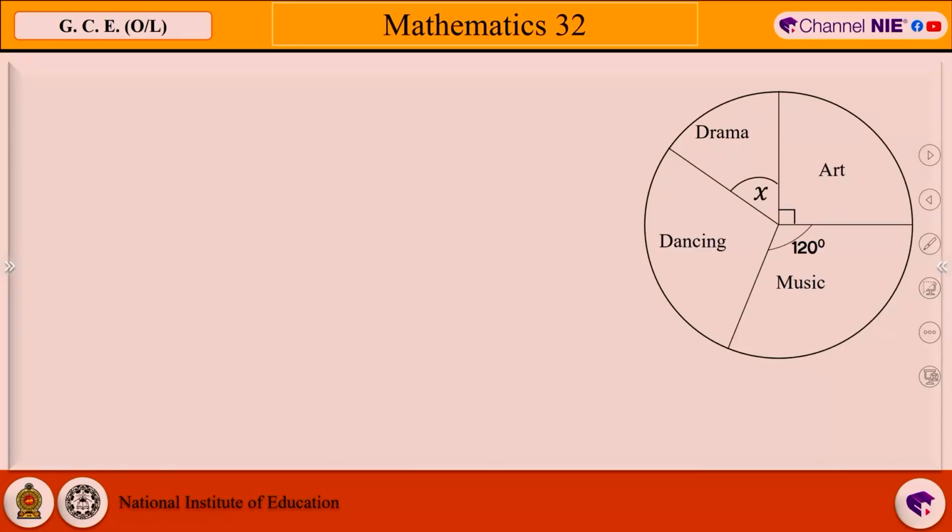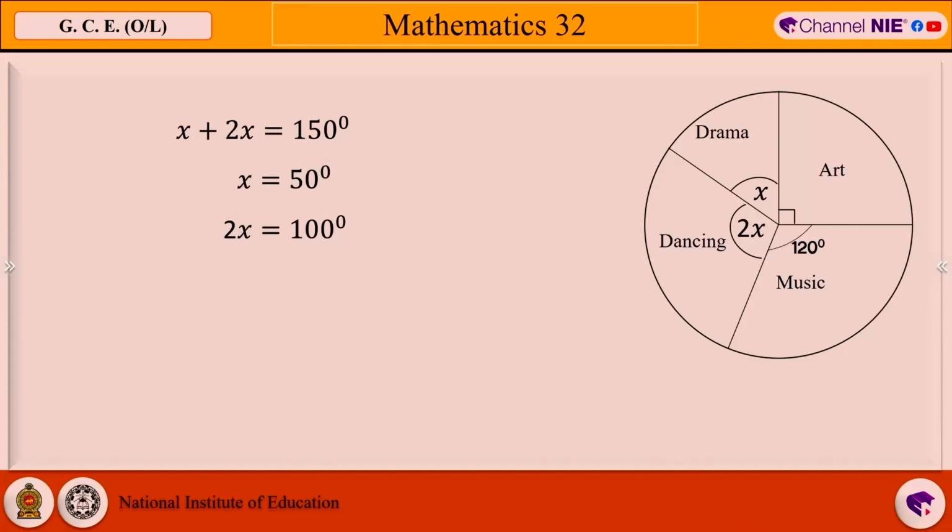If we take x to represent the angle at the center of the sector which represents the number of students who are doing drama, that of dancing is 2x. So, using that we can obtain a simple equation. What's it? x plus 2x equals 150 degrees. Why is that? You know that angles around a vertex is 360 degrees. So, sum of all 4 equals 360 degrees.